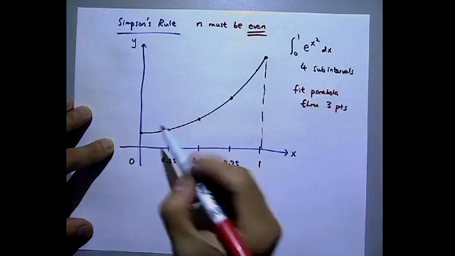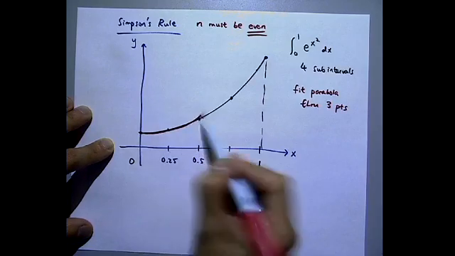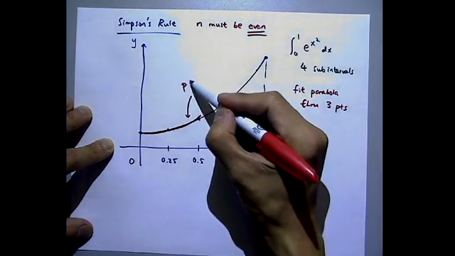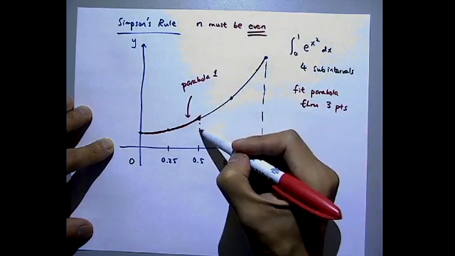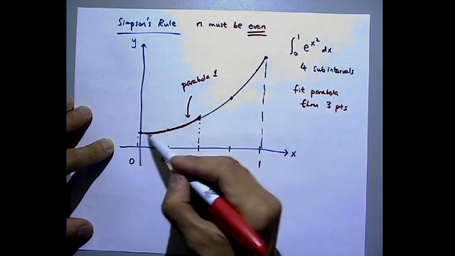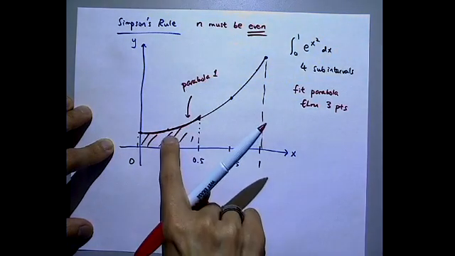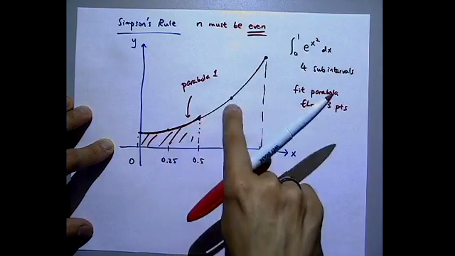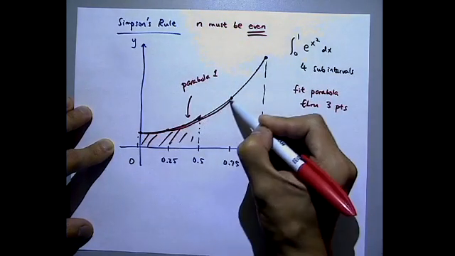So the first one, think of a parabola that goes from here to here. And then we calculate the area under that parabola. And then we use the middle, this one and this one, and fit one more parabola that goes through all of them, like that.